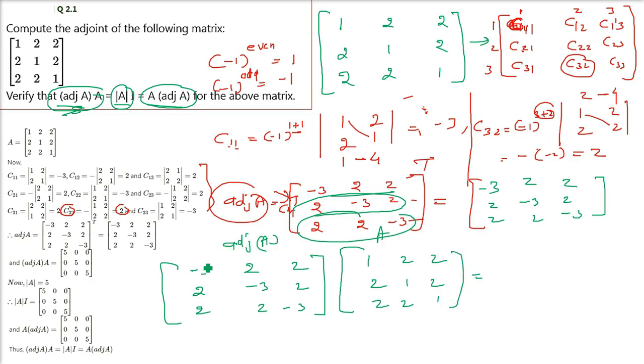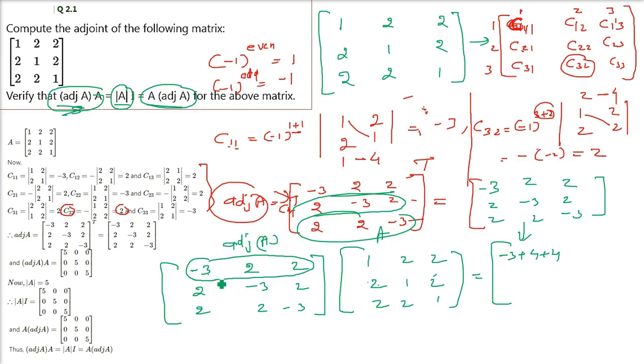So I'll just show you the first column, what will come, because we are short of space. So minus 3 into 1 plus 2 into 2 plus 2 into 2. So minus 3 into 1 is minus 3, 2 into 2 is 4, and 2 into 2 is 4. So 4 plus 4, 8, minus 3 is 5 here.